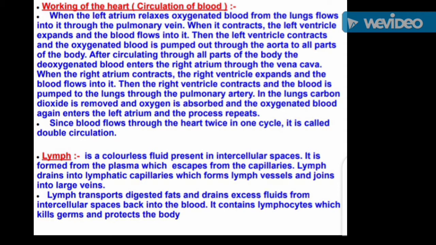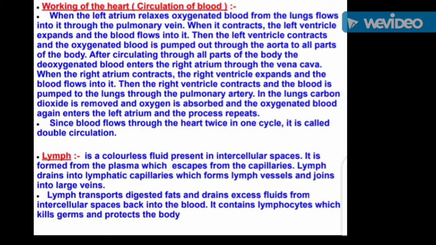In the lungs, carbon dioxide is removed and oxygen is absorbed, and the oxygenated blood again enters the left atrium and the process repeats. Since blood flows through the heart twice in one circle, it is called double circulation. This is very important.